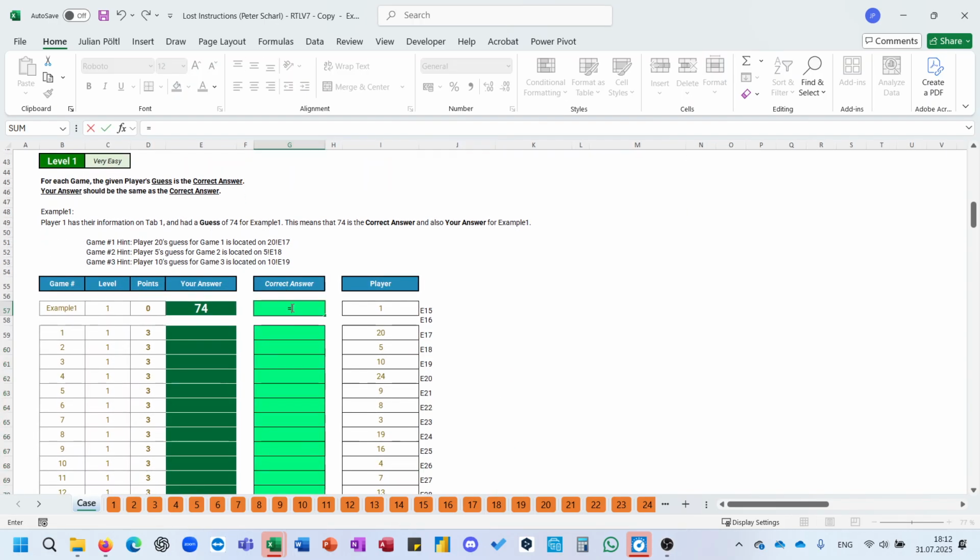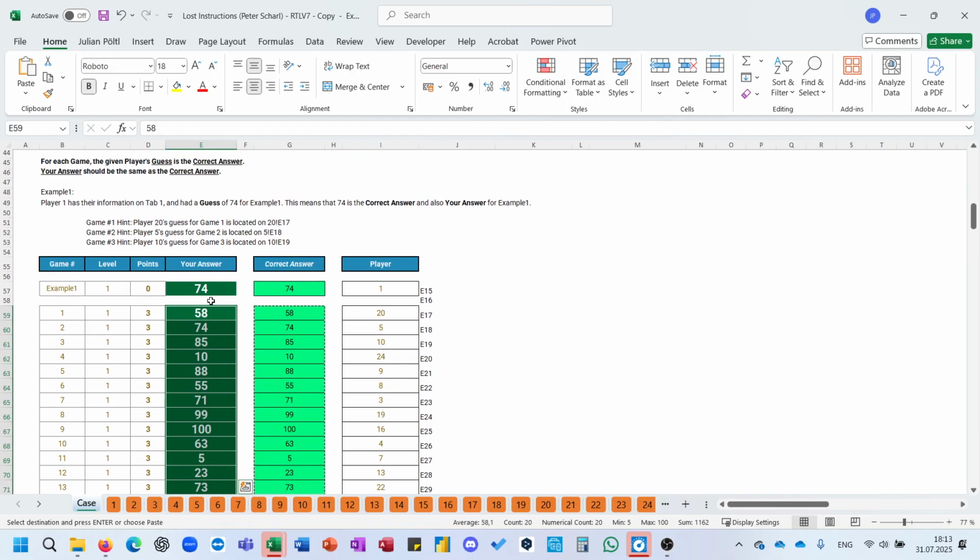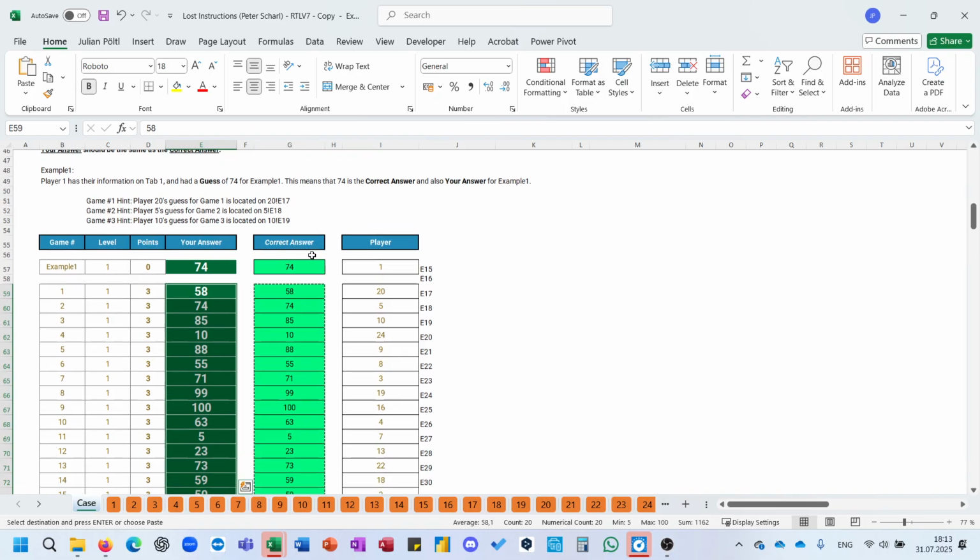And now with the INDIRECT function, I can write INDIRECT and the expression sign and the cell. Okay, and now you have level 1 solved.